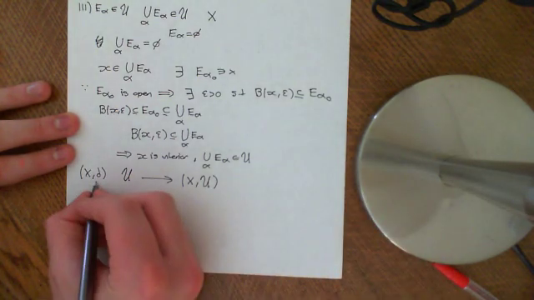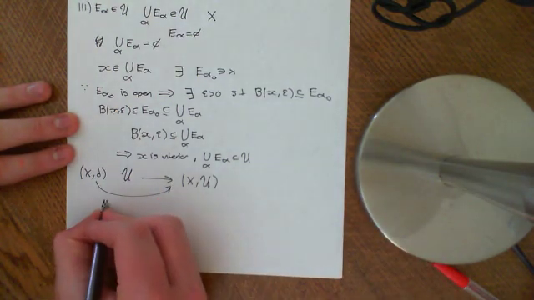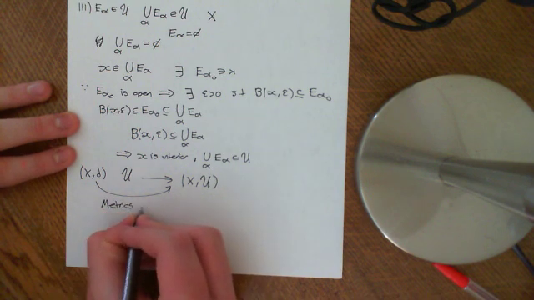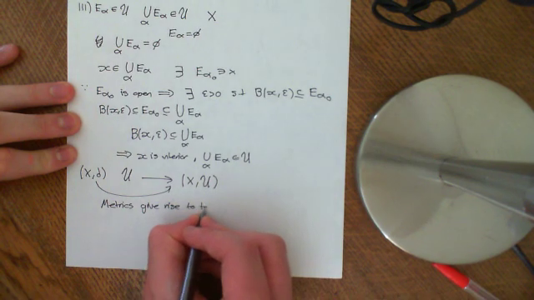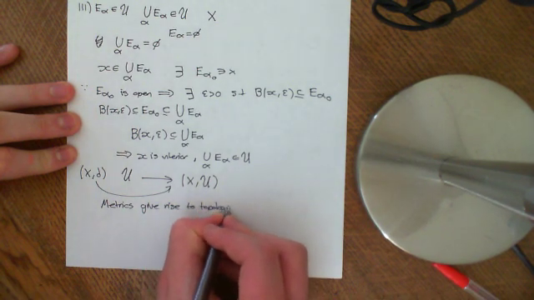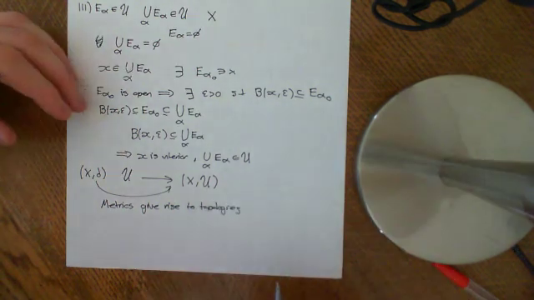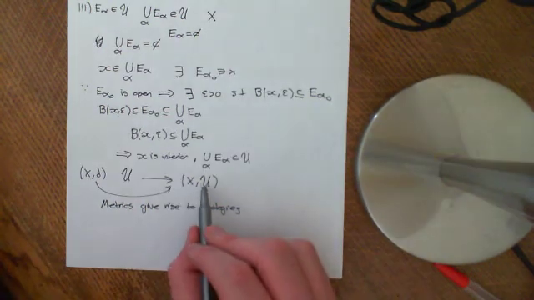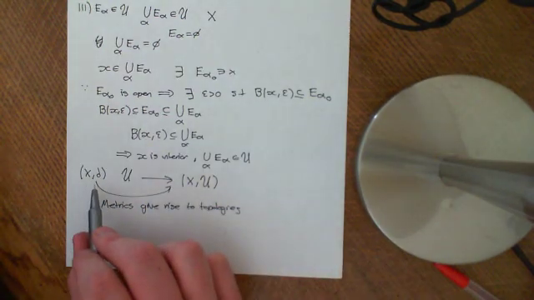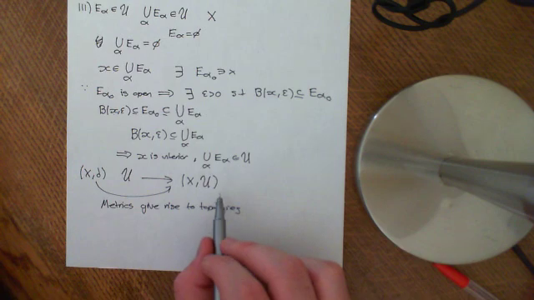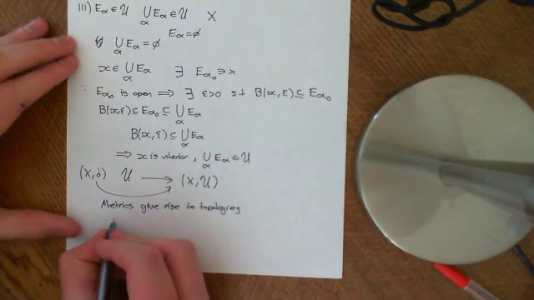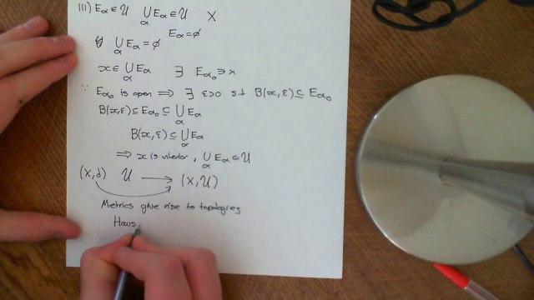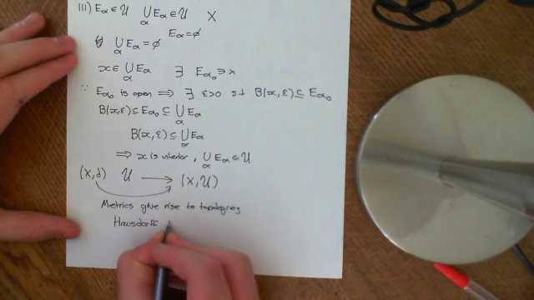So what we have shown is that metrics give rise to topologies. The inverse is not true. It is not true that a topology necessarily has a metric which gives rise to it. Topologies that do have metrics that give rise to them are known as Hausdorff spaces, Hausdorff topological spaces.